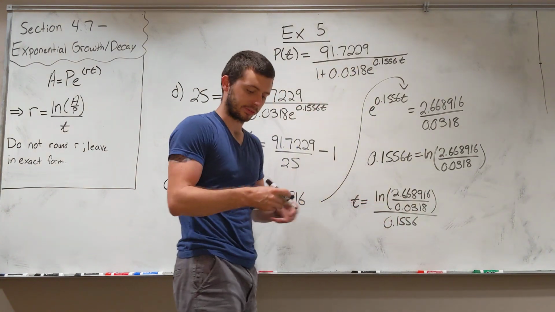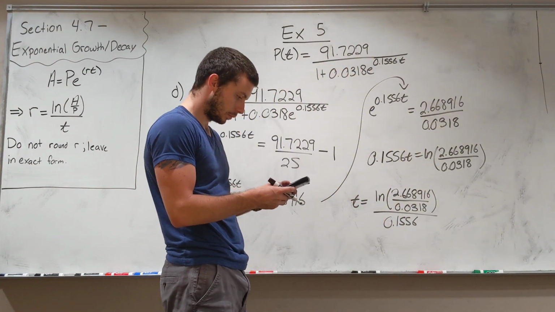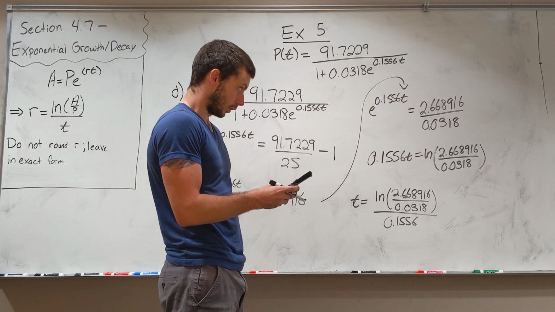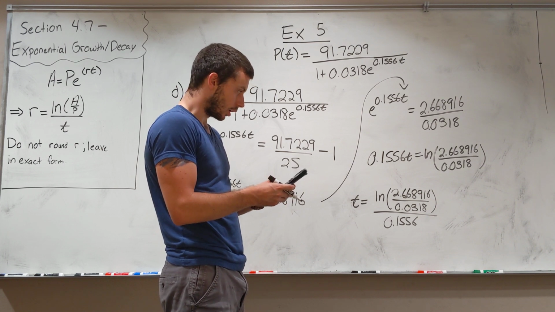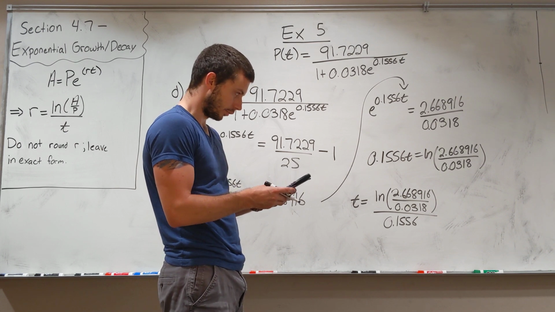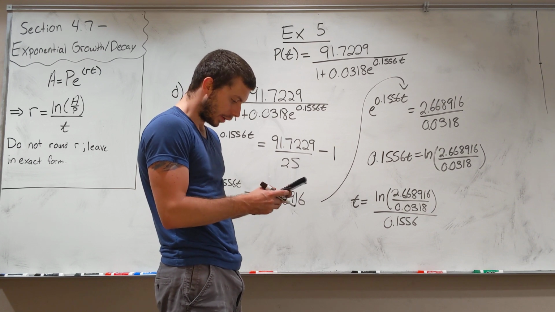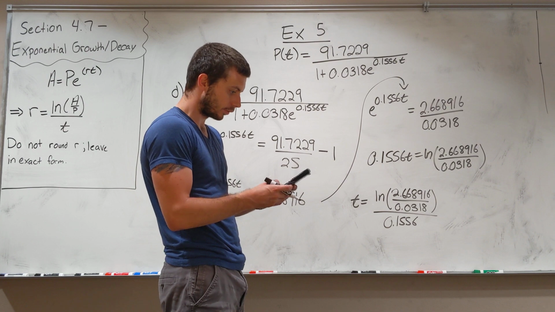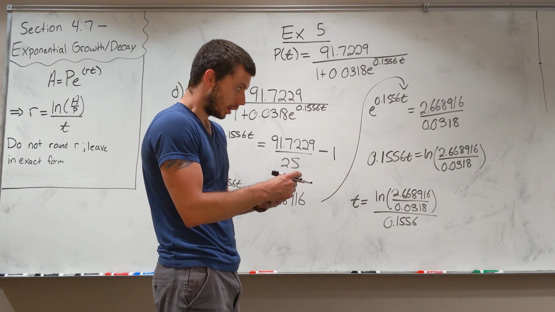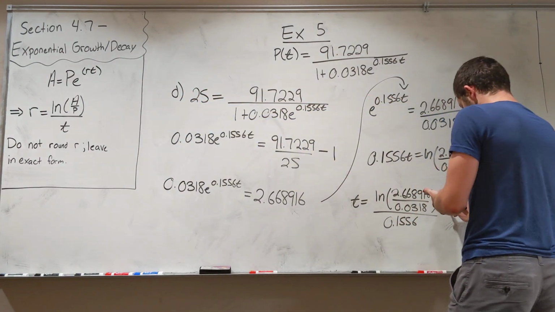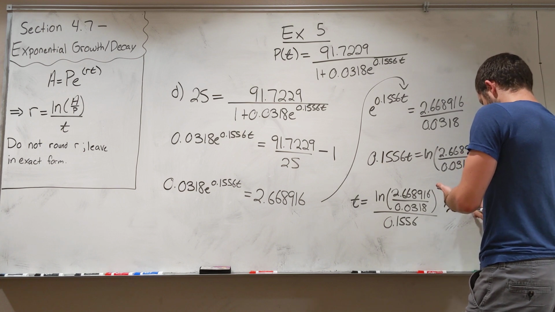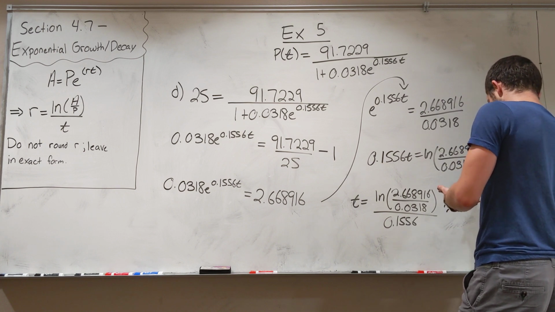From there, you can put all of this in the calculator. Natural log of 2.668916 divided by 0.0318, close parentheses, all of that divided by 0.1556, and I get 28 point, well, I guess technically 5.